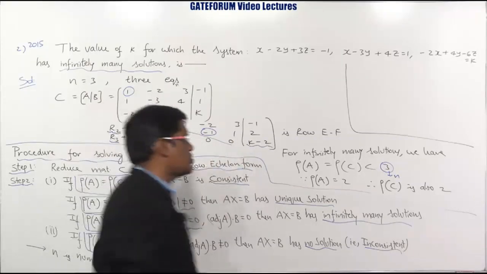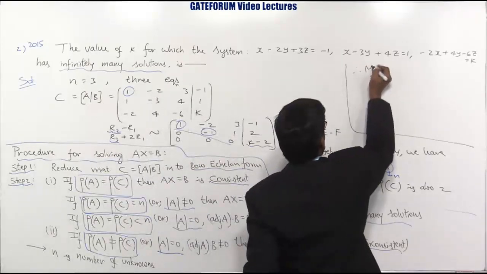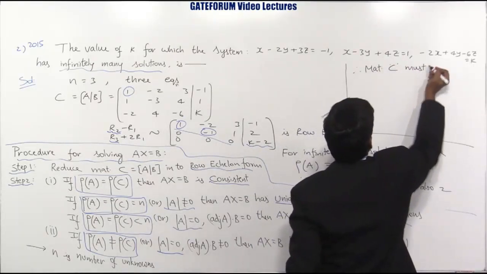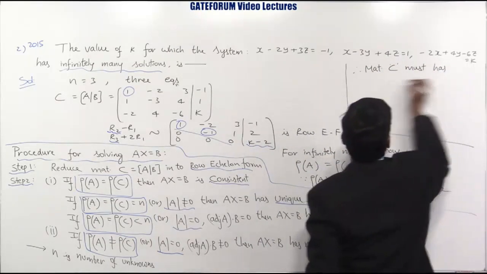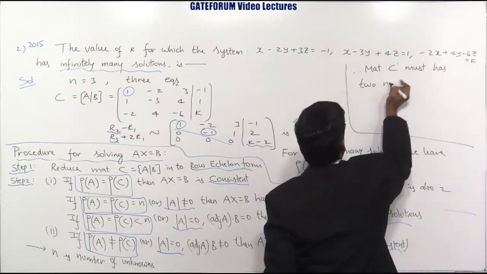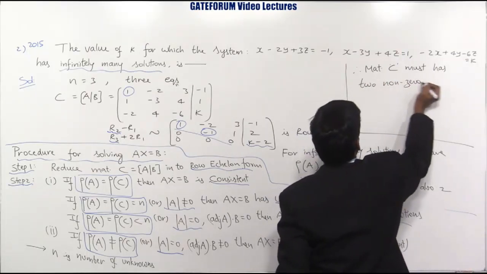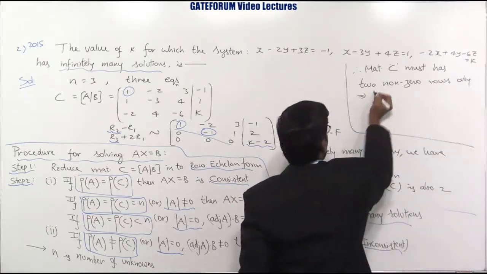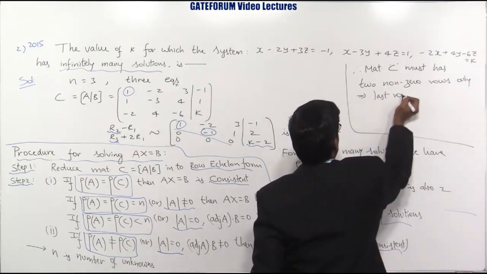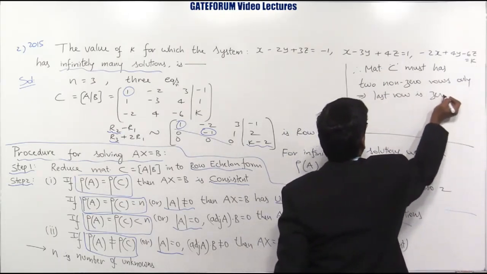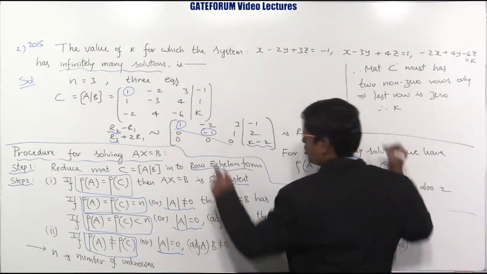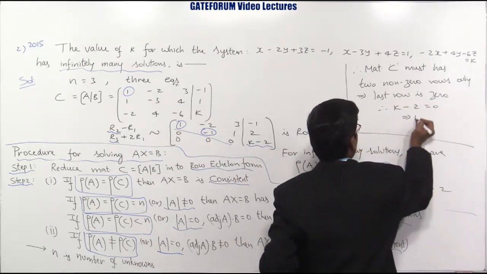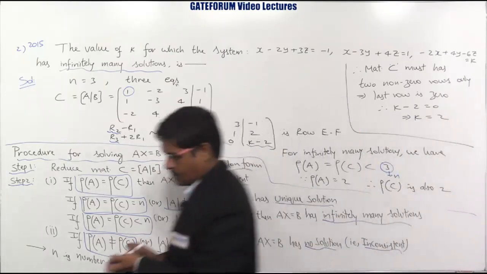That implies the last row is 0. Therefore, last row 0 means already 3 elements are 0, so k minus 2 is equal to 0. This implies k is equal to 2. This is the answer.